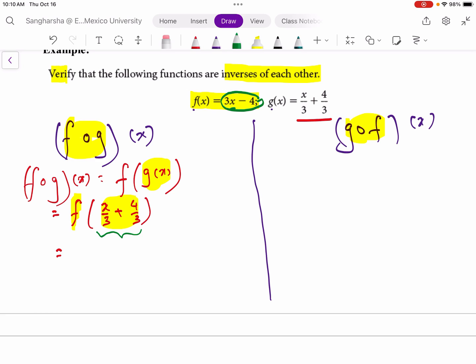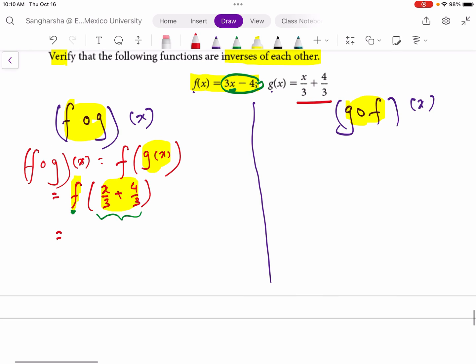In the f function we have 3 times x, and for that x we write down x over 3 plus 4 over 3. We have more than one term, so make sure to use parentheses, then negative 4.